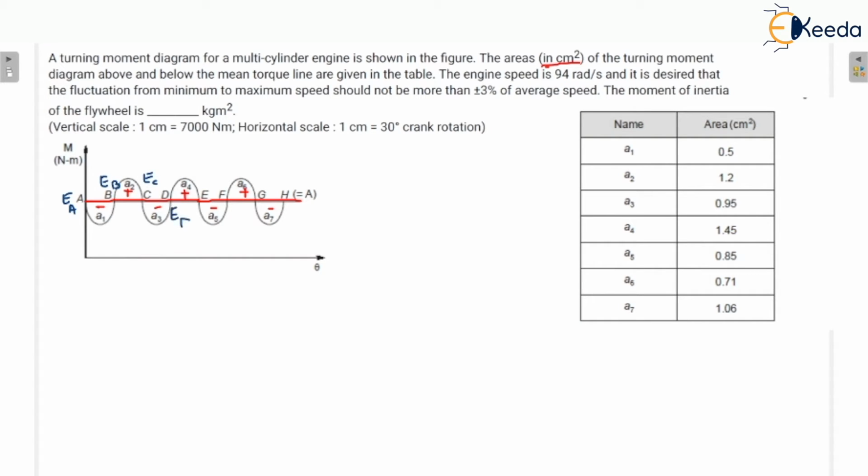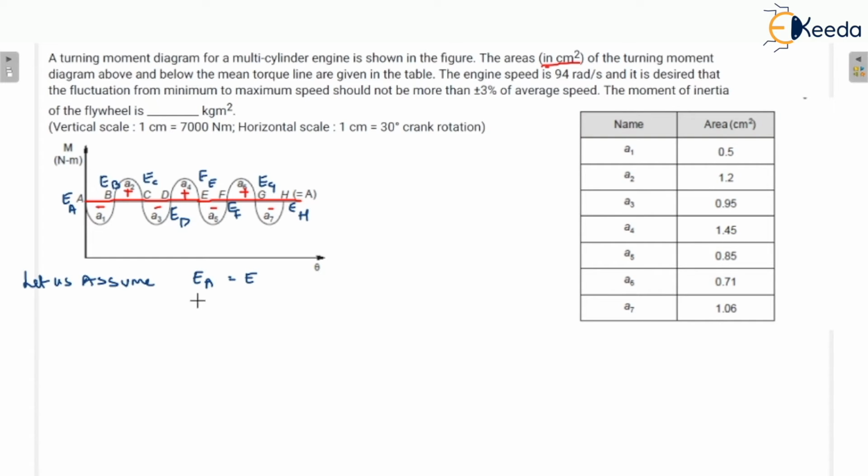Similarly ED, EE, EF, EG and EH. So I'm just assuming, let us assume that EA is equal to E.